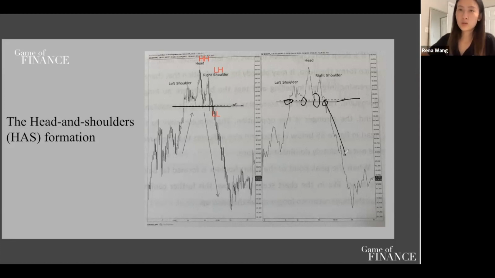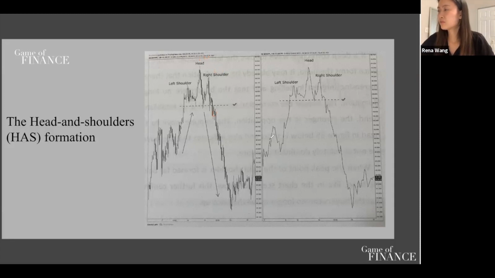So it is important to wait for the confirmed breakout to avoid false signals. For example, if right now the stock market is going up, down, up, down, up, down, but it hasn't gone below this line, you don't want to enter just yet because it's not confirmed.